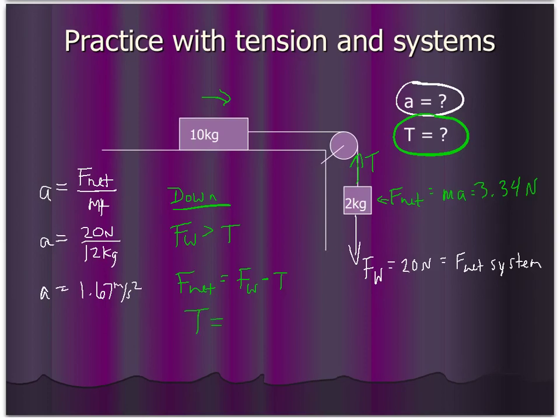Tension is equal to FW minus F net. And so my FW was 20 newtons minus the F net for that particular box, which we said is 3.34 newtons, and that is going to give you 16.66 newtons for your tension.